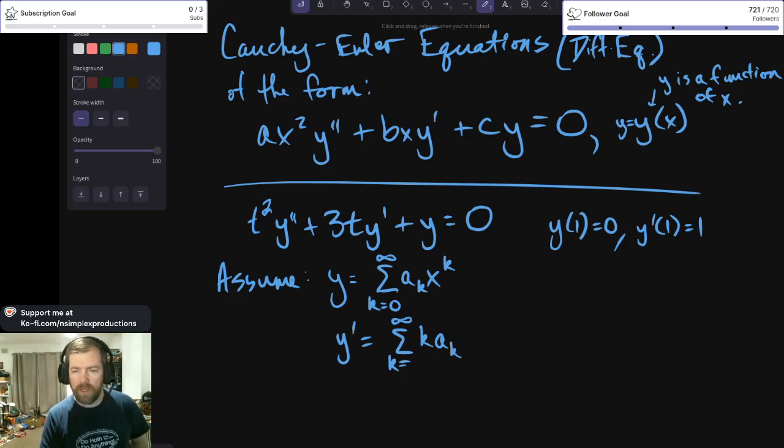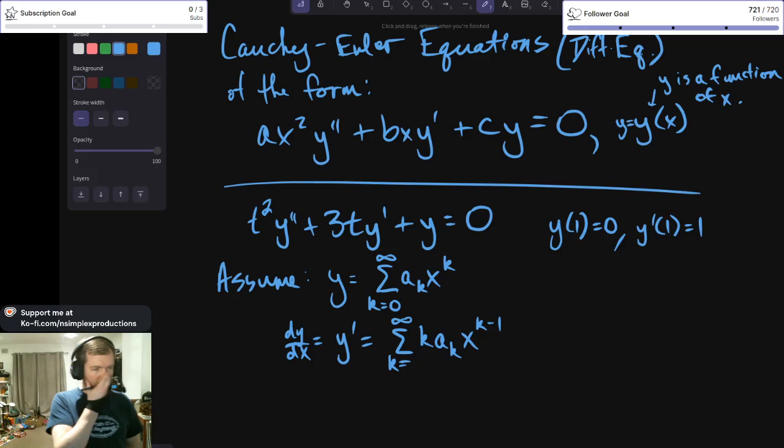This is still a sub k, doesn't change anything. Multiplied by x to the k minus 1. So we take the derivative with respect to x. Right? This is going to be dy dx. Okay, now here, if we plug in k equals 0, then we end up having a bit of a problem.